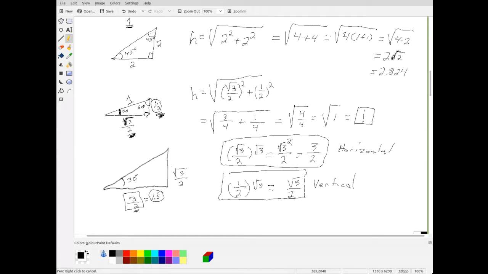And what is the square root of 3 divided by 2? Anybody know? Yeah, it's 0.866. Okay.